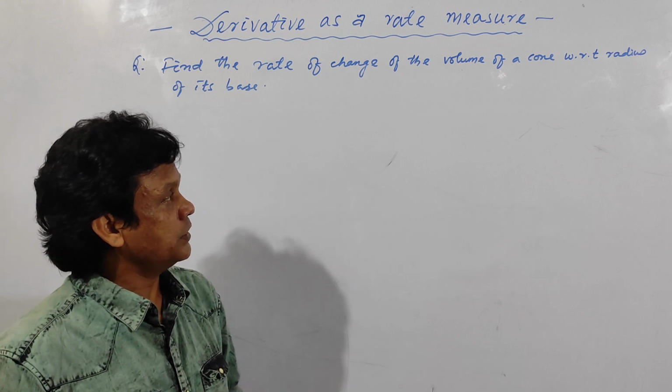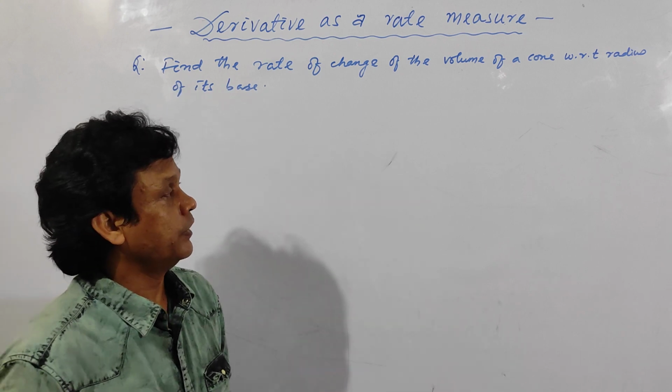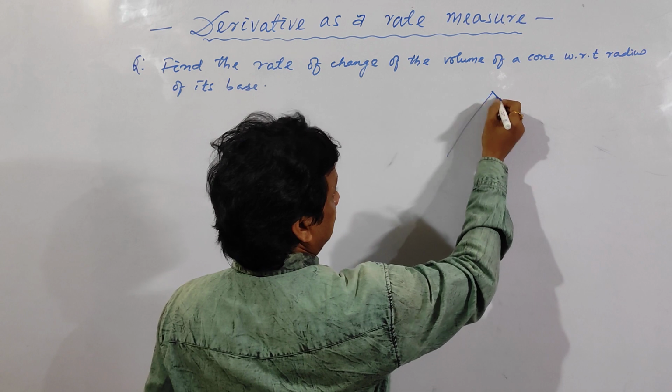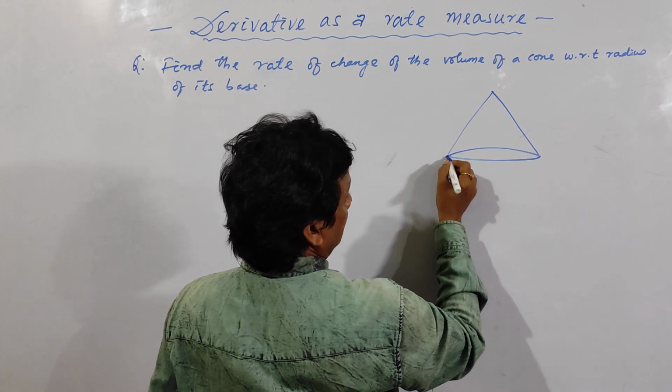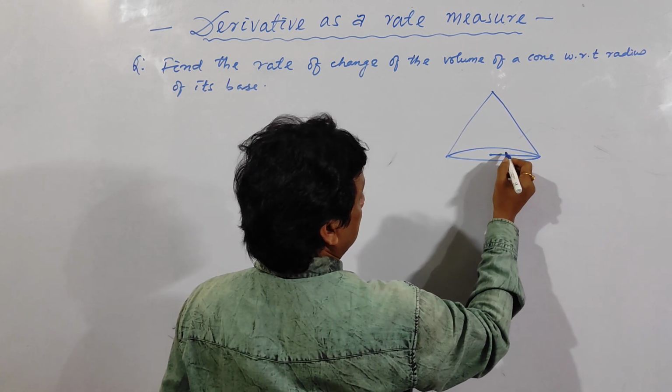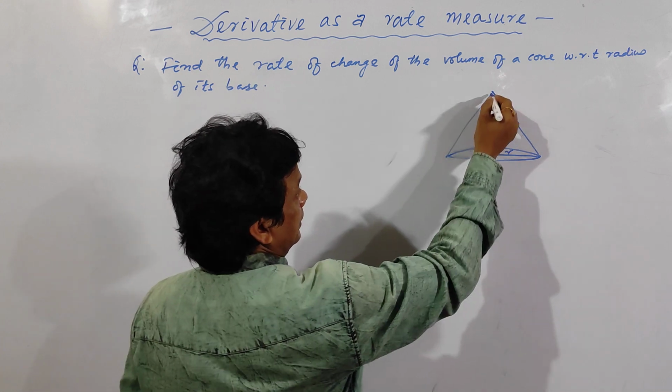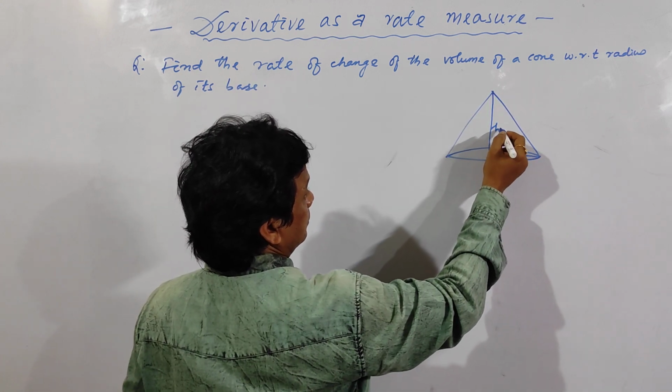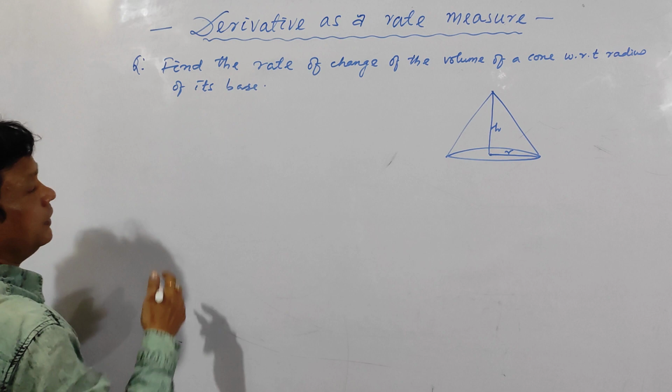See here, another question based upon the cone. The cone is like this, and the radius of the base of the cone is R, and the height of the cone is H. Clear?